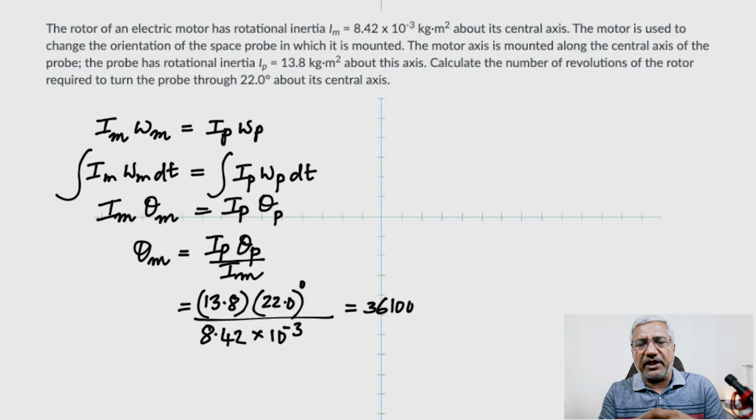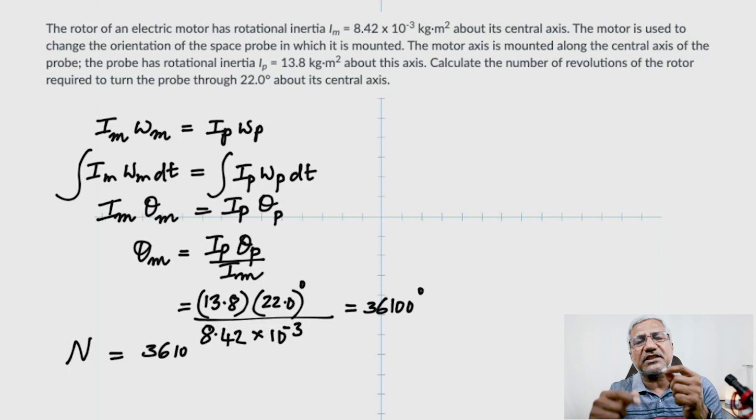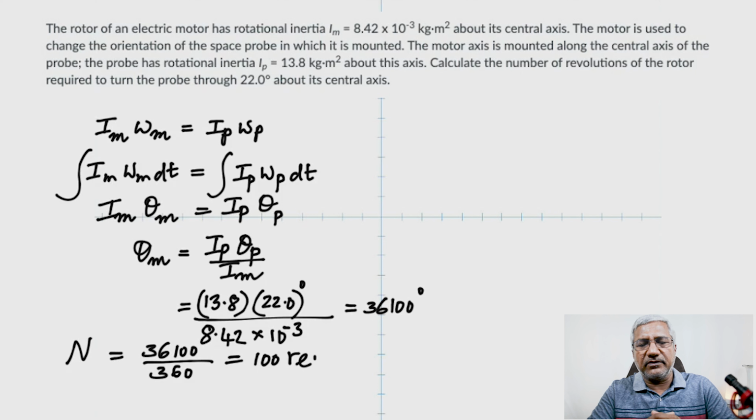So when you work out that, we're going to get 36,100 degrees. And the number of rotations, you know, one rotation is 360 degrees. So just divide this by 360 degrees and you will get the number of rotations. Divide that by 360 to get about 100 revolutions.